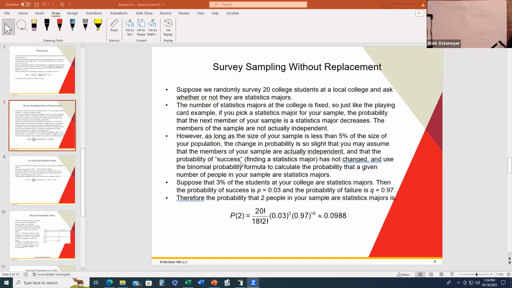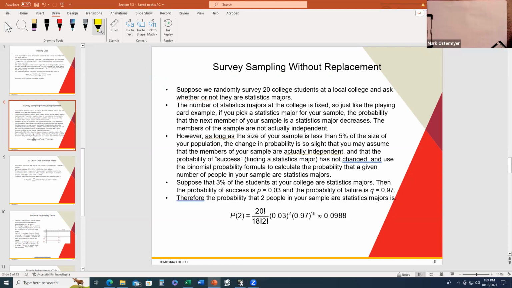The probability of a success, finding the statistics major, would remain the same for all intents and purposes. Under that assumption, we could then use the binomial probability distribution function to compute binomial probabilities. So what is this requirement again?